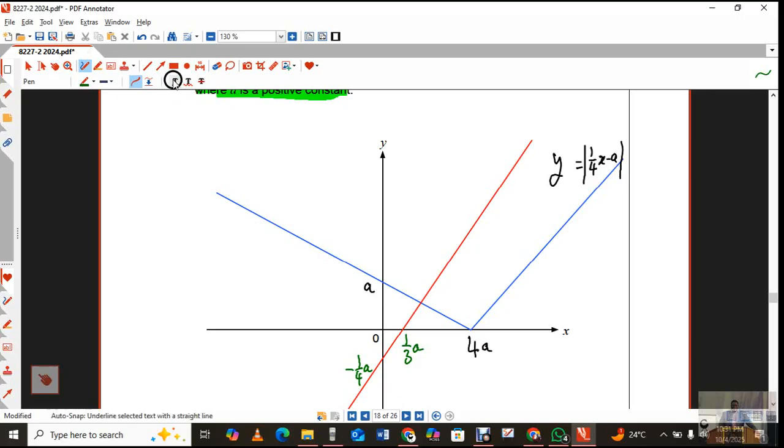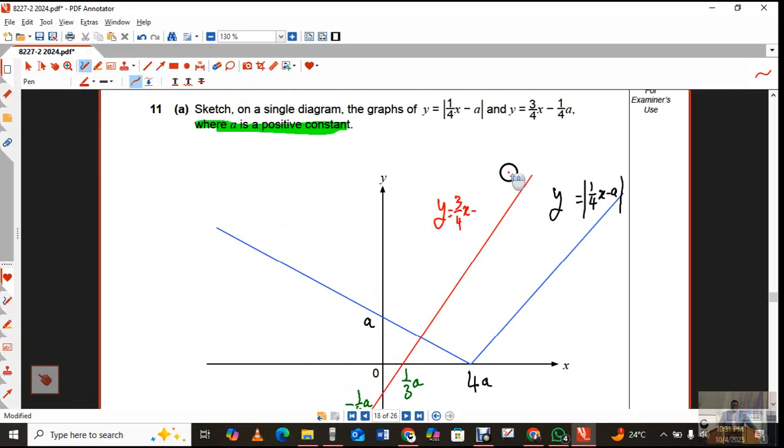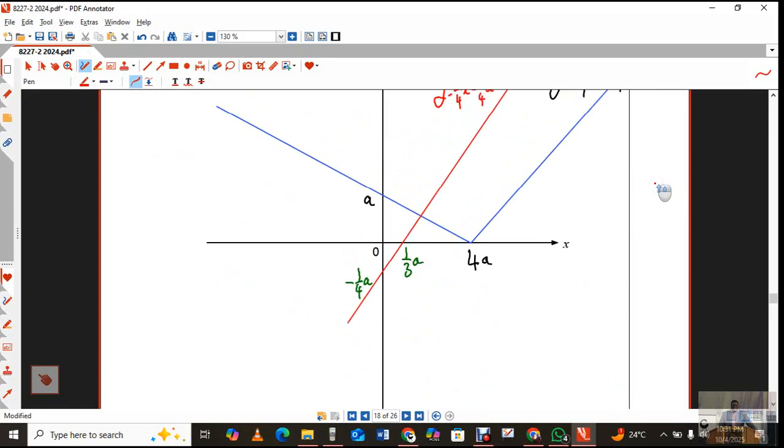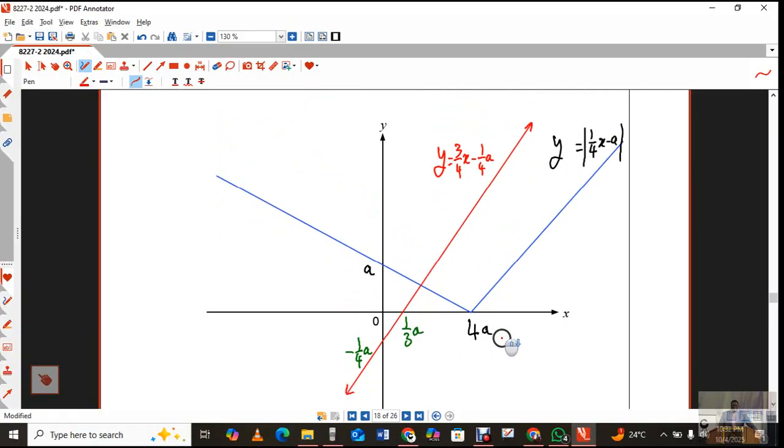There we go. And this equation is y equals 3 over 4x minus 1 over 4a. That is the straight line. And I actually have sketched it. No problems to ask.